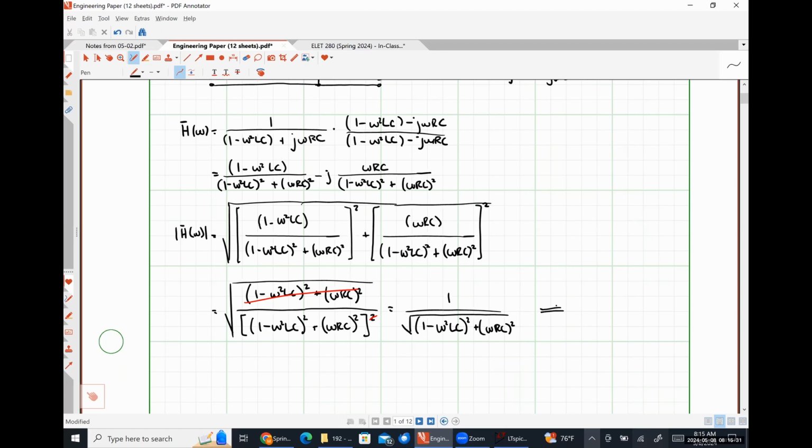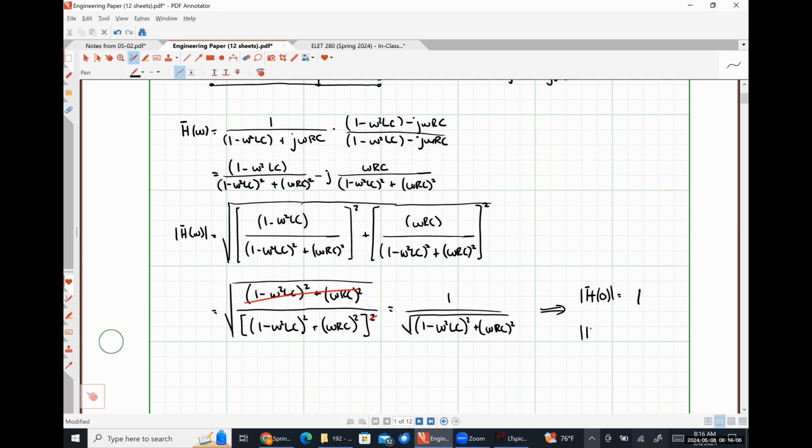So just as a sanity check, let's look at what this is going to look like at omega equal to 0. My numerator is obviously 1. My denominator, I'm going to have 1 minus 0 squared, which is just 1, plus 0 squared. So 1 over the square root of 1 is 1. So we pass all of our extremely low frequency signals.